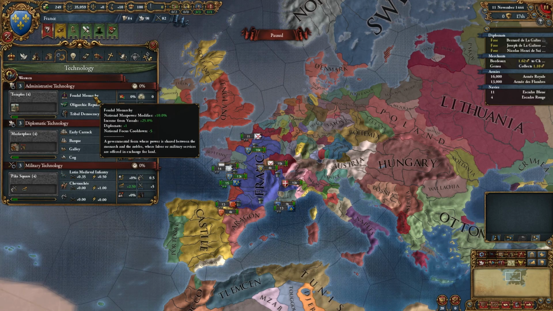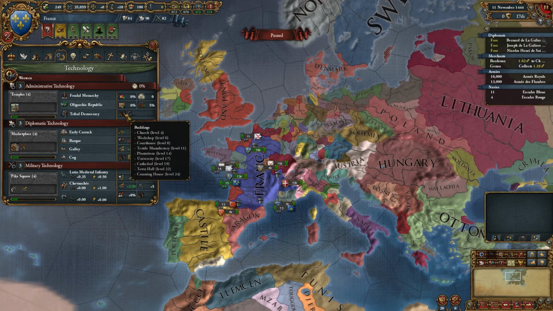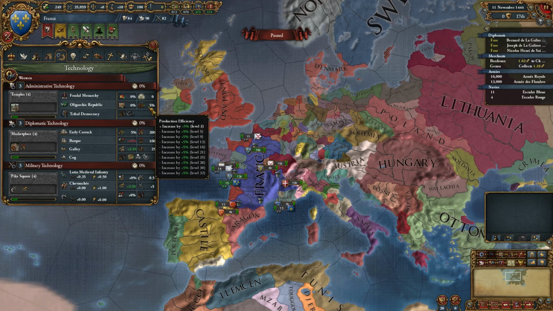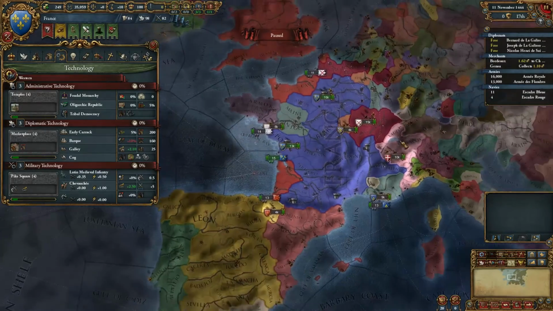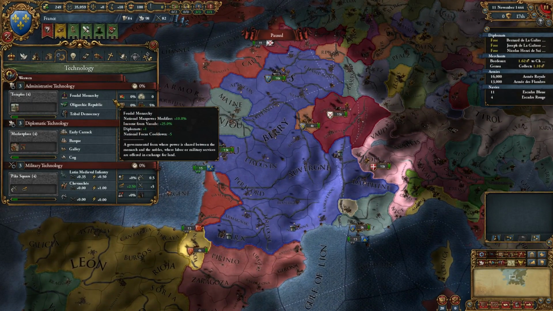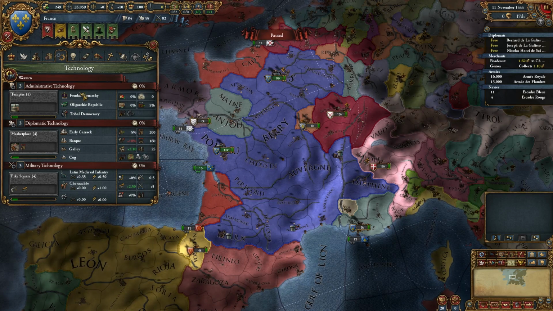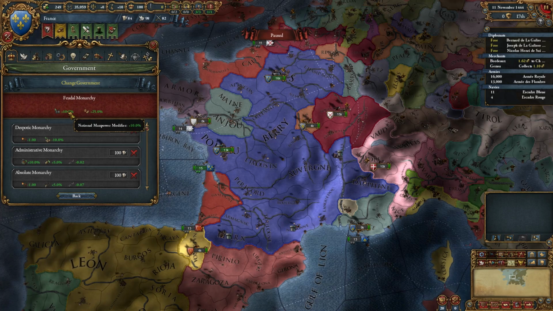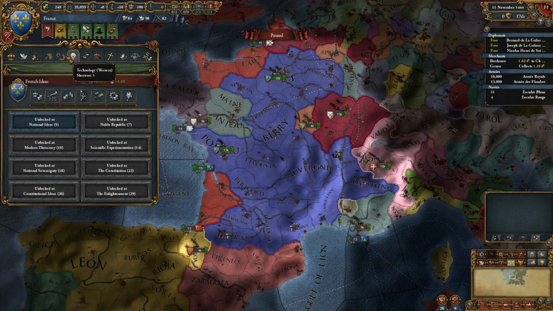Administrative technology is primarily focused around the integration of new lands, buildings that revolve around taxes and taxation, unlocking of idea groups, production, and administrative things like improving your government type. You can see here, I am currently a feudal monarchy with bonuses towards national manpower modifier and income from vassals.